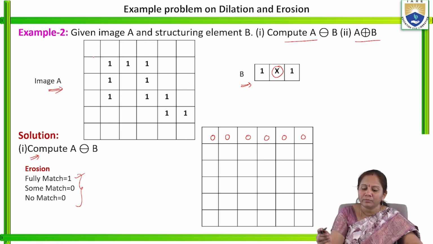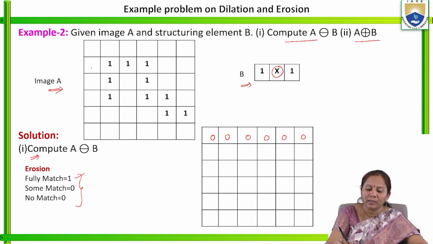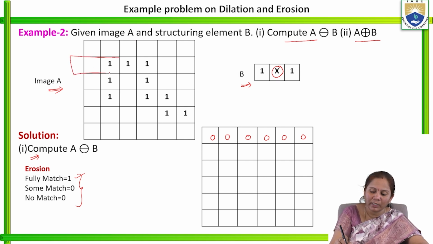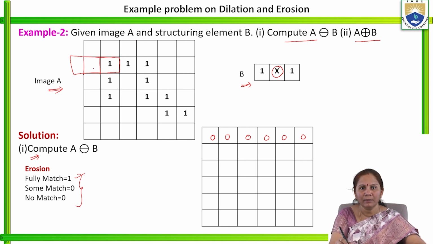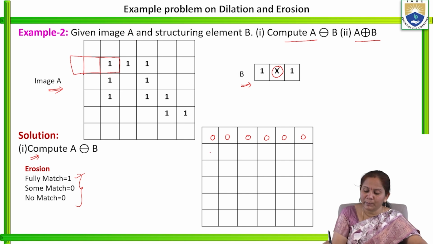Now, in order to find the second row, first element, we can place the structuring element like this. This value will become the center pixel. Here 1, X, 1 will be available, and here this is vacant. It comes under no match, so we can place this as 0.